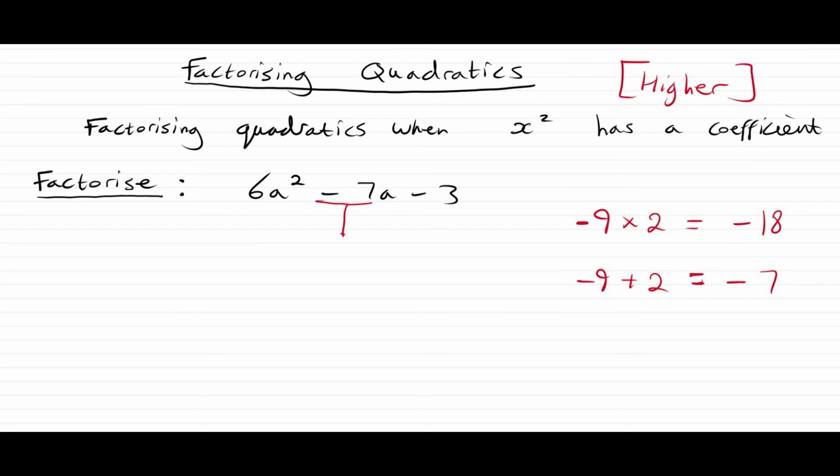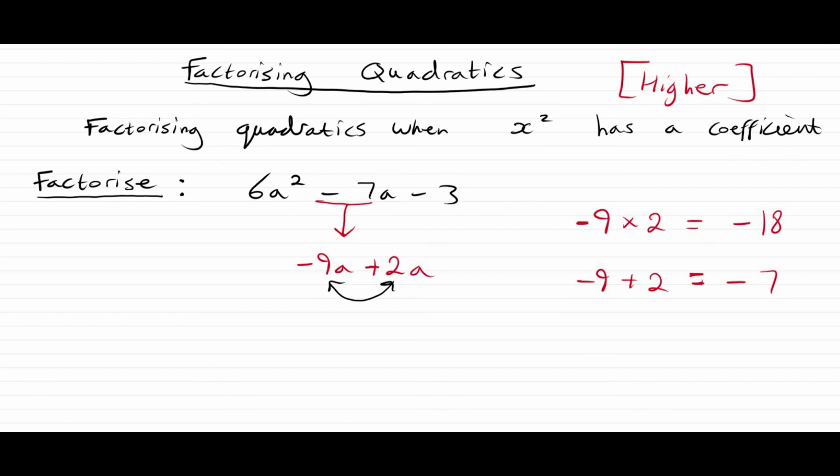Again, similar to what we did before, we split this up into two. So we'll have minus 9a plus 2a. Now, in this particular question, I will actually switch these two around because I've noticed quite quickly that 2a and minus 3 would not really factorize nicely for me.